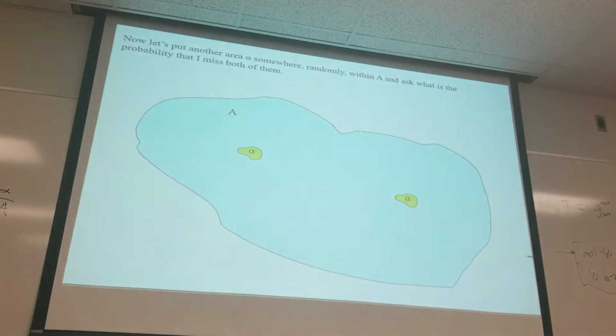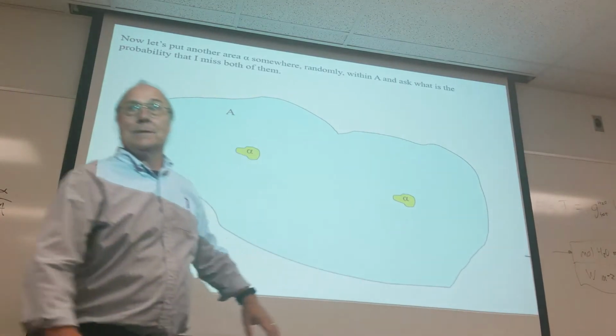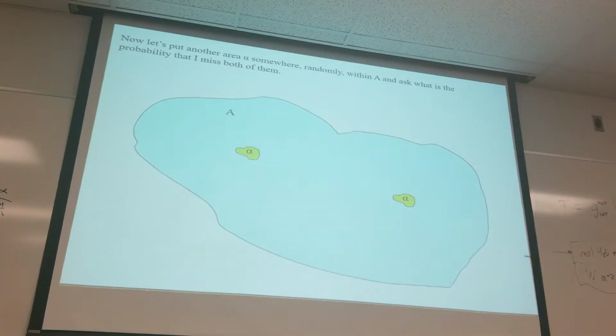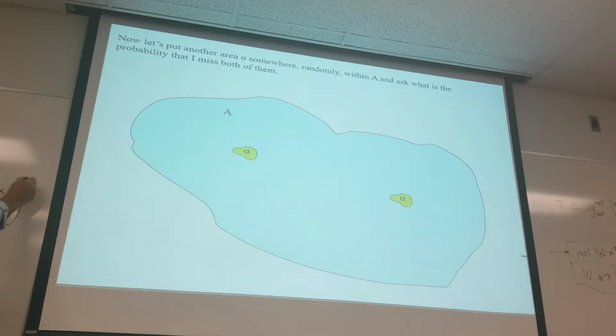And if the areas are the same, what's the probability I miss the other one? It's the same thing, 1 minus alpha over A. So the probability I miss both is multiplied. The probability that I miss 2 of these is 1 minus alpha over A, squared.